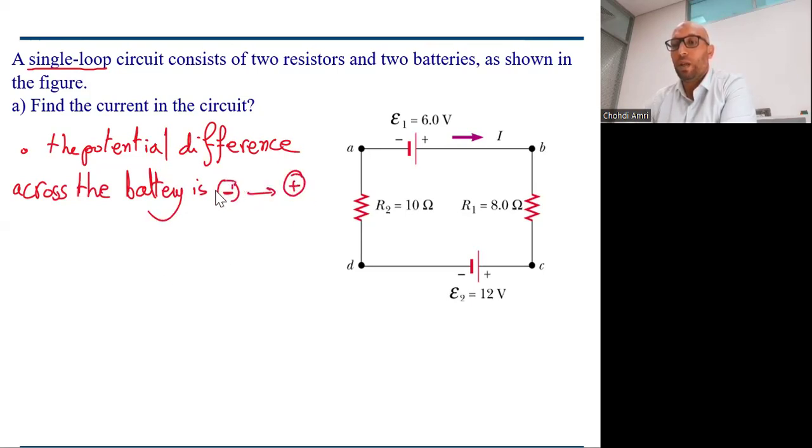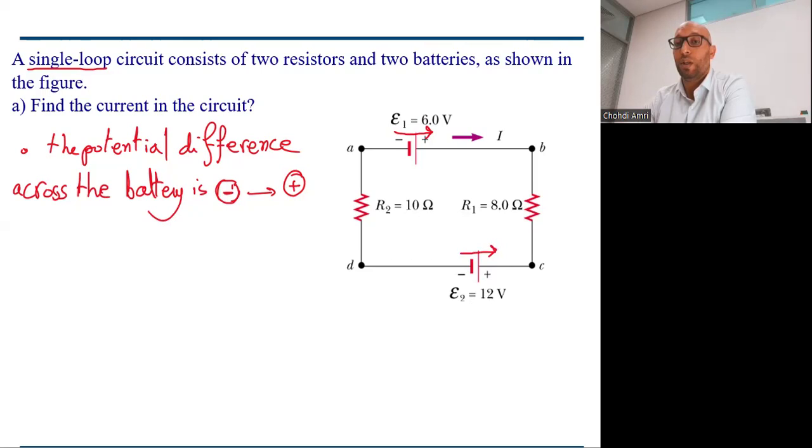Okay, it's from the negative to positive. For example, here for the battery epsilon1, the potential difference will be in this direction, and it's equal to 6 volt. For epsilon2, the potential difference will be in this direction, and it's equal to 12 volt.